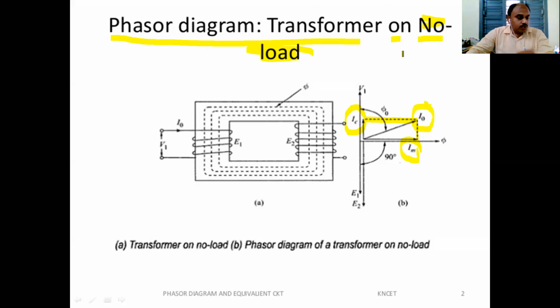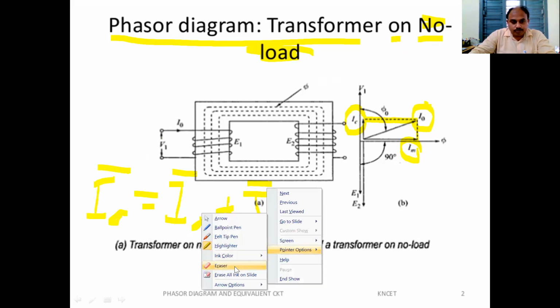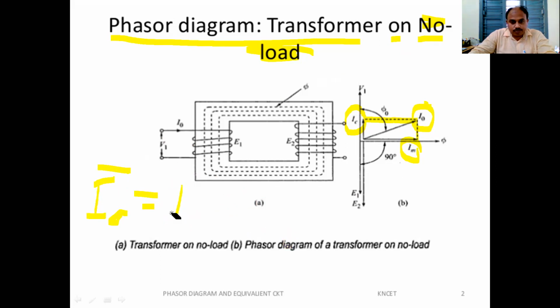The total no load current I naught is the vector sum of the magnetizing component of current IM and IC. So I naught equals IM plus IC. This is the resultant current I naught.